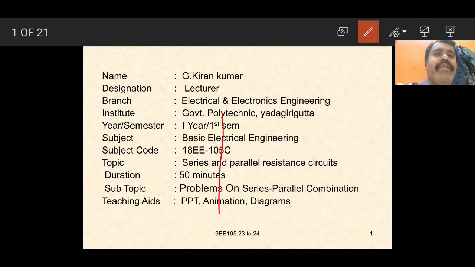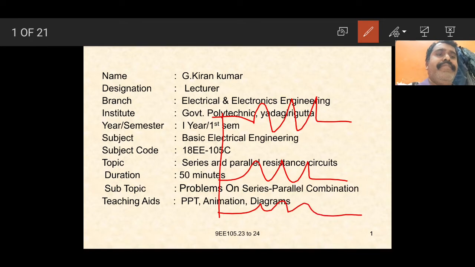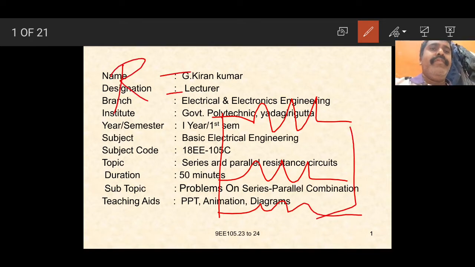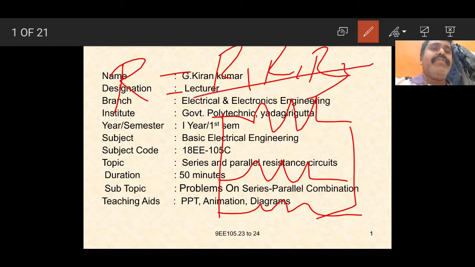In the case of parallel, where two or more resistors are connected in parallel, total R is equal to 1 by R, that is R1 R2 R3 divided by R1 R2 plus R2 R3 plus R3 R1.